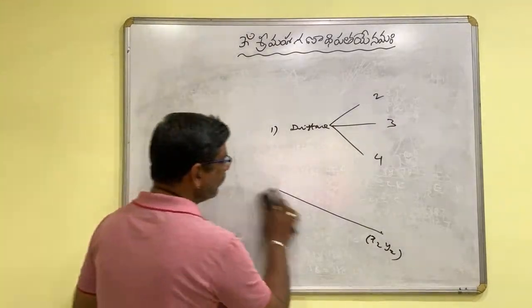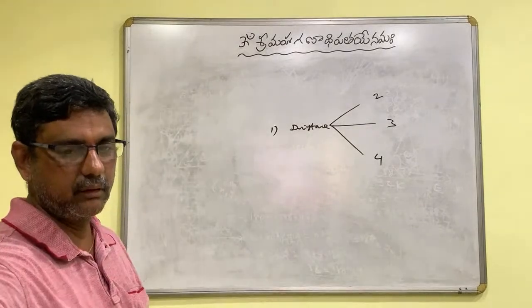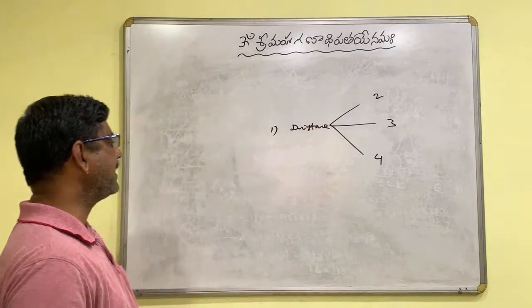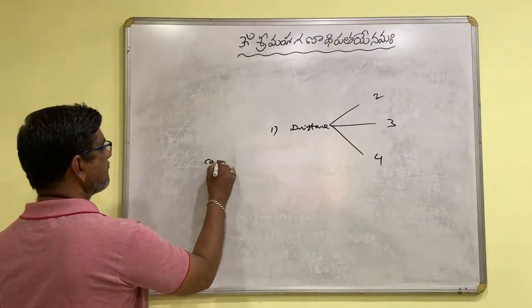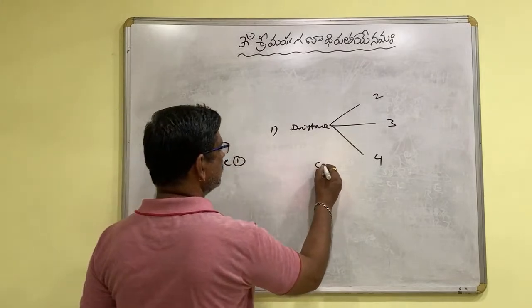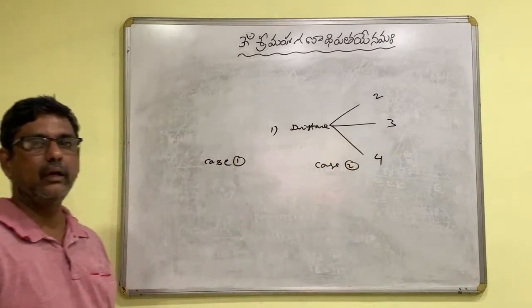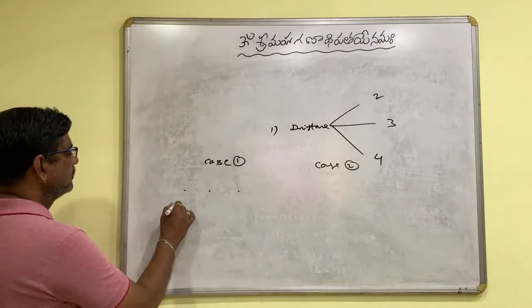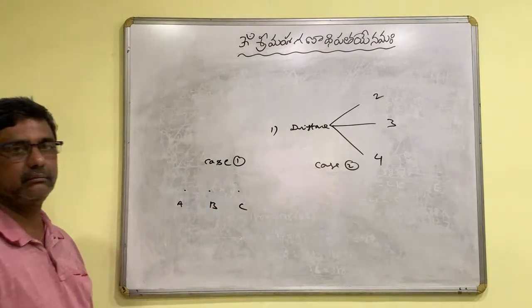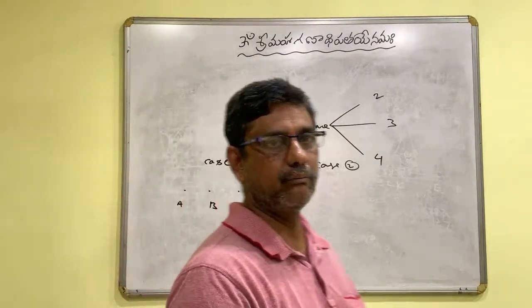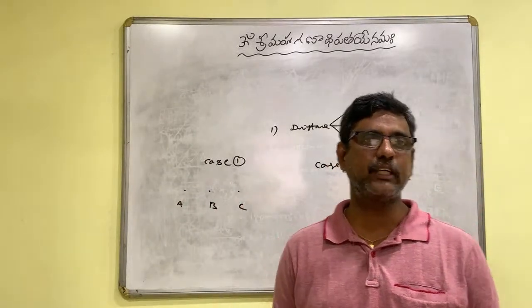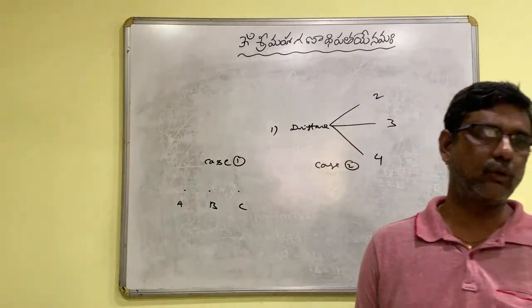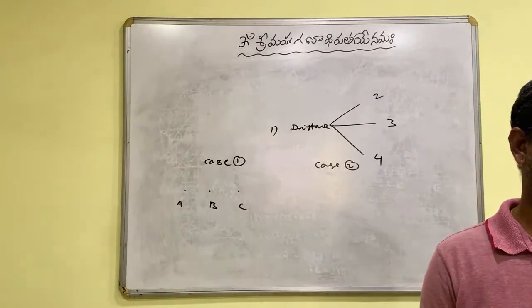Okay. Now what about 3 points? Applying distance formula on 3 points, here you have 2 cases. Case 1 means all the 3 points are on the same line, means we are able to draw a line passing through all the 3 points.